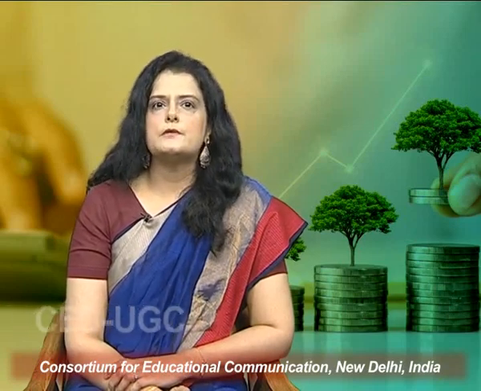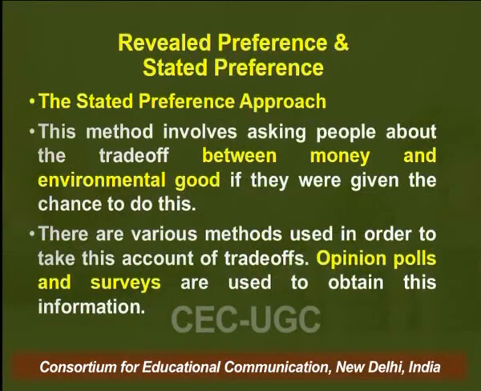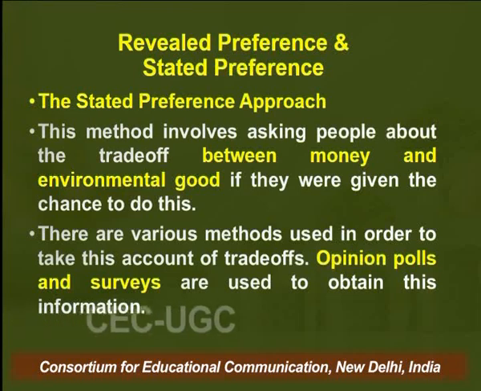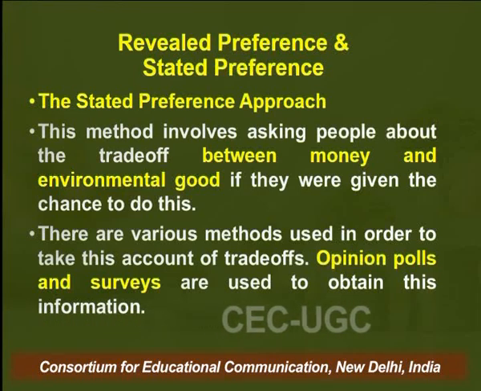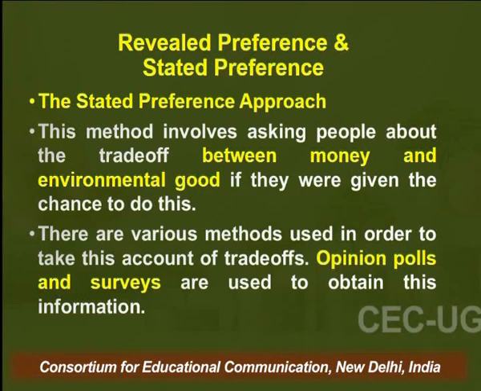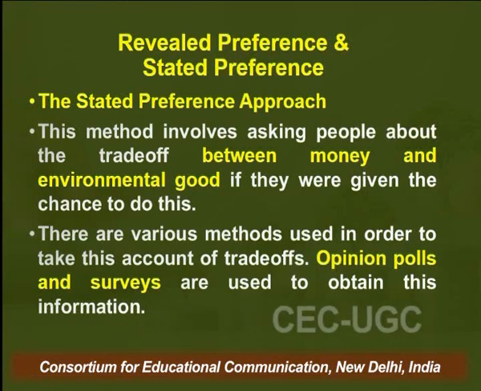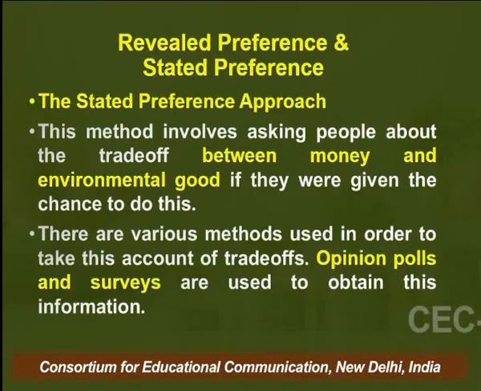Under the stated preference approach, this method involves creating superficial or hypothetical markets by asking people about the trade-off between money and environmental goods, if they are given a chance to value them. So in this we create experimental labs, or sometimes we create surveys, and these create hypothetical markets.